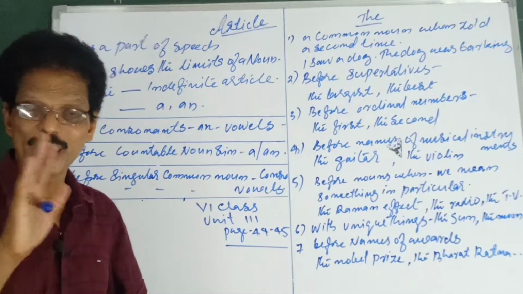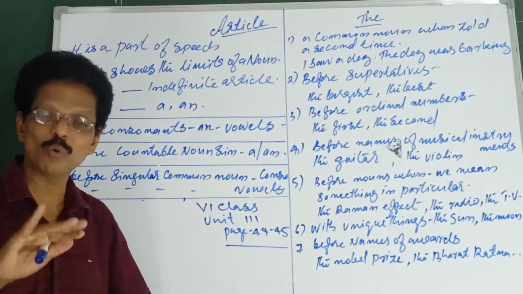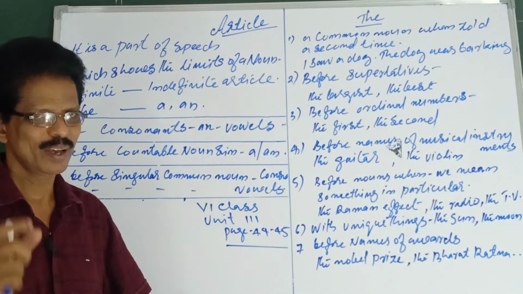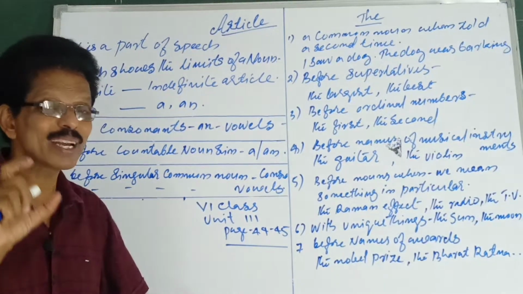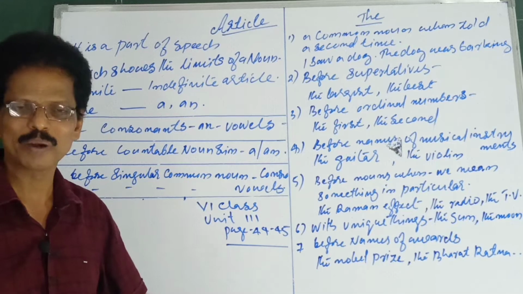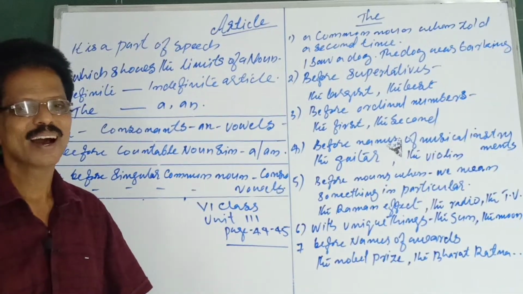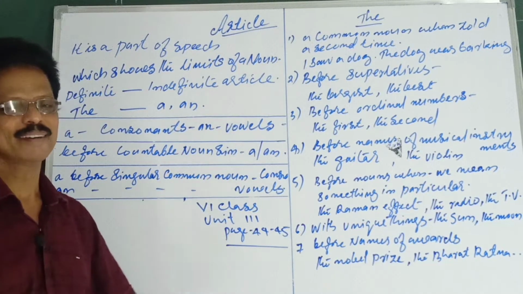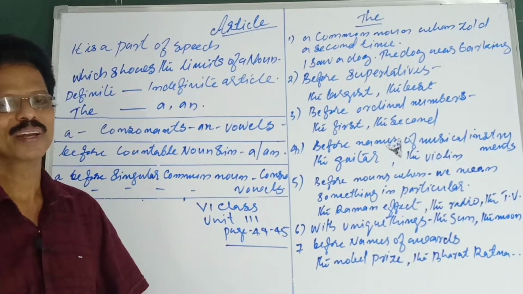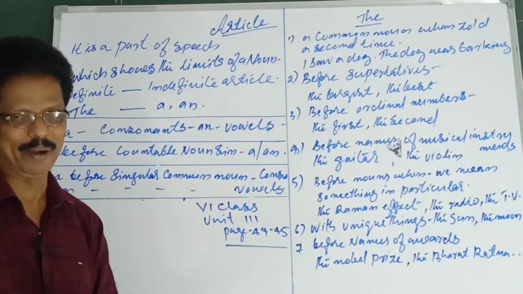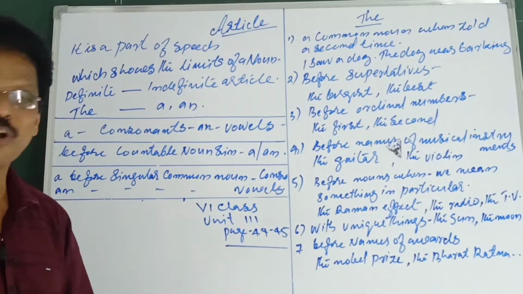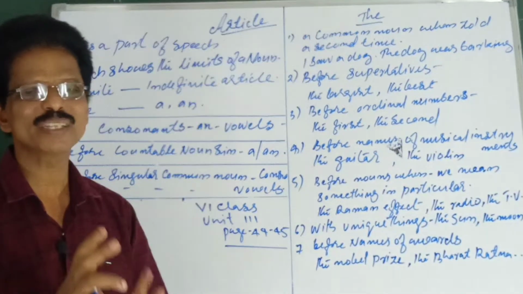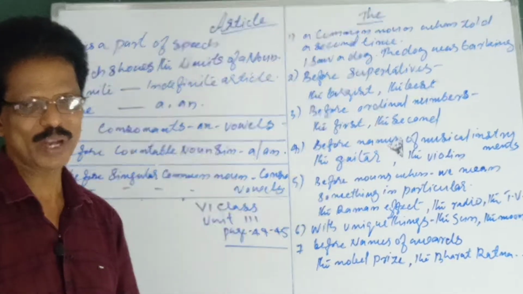A common noun is a name given in common to every person or thing of the same kind. For example, teacher, soldier, student, friend. There is no particular name, but a common one. That is common noun.